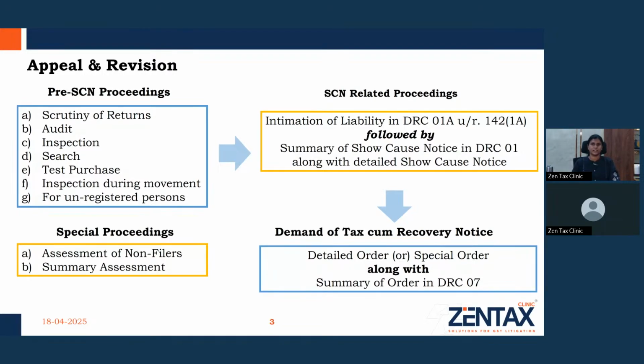During the time of SCN related proceedings, intimation of liability will be issued in Form DRC-01A under Section 142(1A) of the Act, followed by a detailed summary of show cause notice in Form DRC-01 with detailed annexures, which will be issued to the respective person. So these are the pre-SCN proceedings and SCN proceedings.